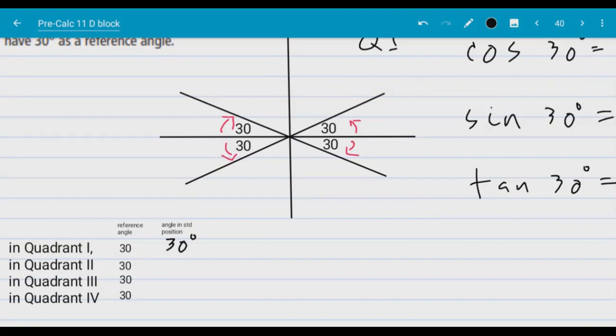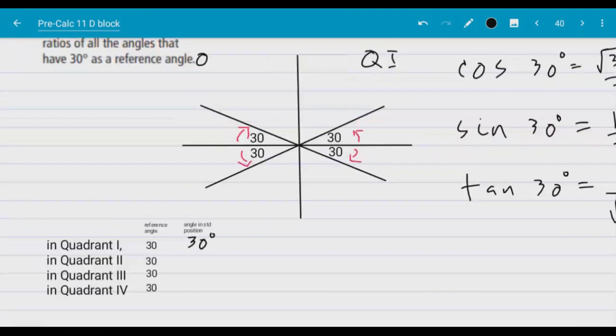Now in quadrant 2, which is this one, the reference angle is 30 degrees also. The reference angle is that angle wherein you measure beginning from the x-axis until you get to the terminal arm, and it goes that way. Now, if the reference angle is 30 degrees, what is the angle in standard position? The angle in standard position would be that angle starting from the positive x, going this way.